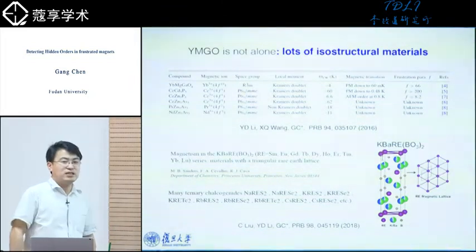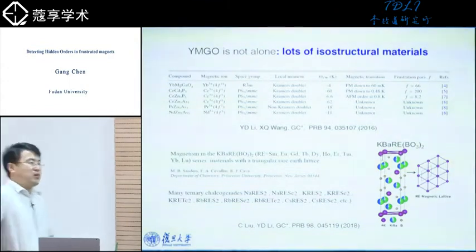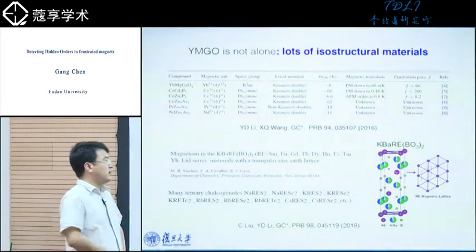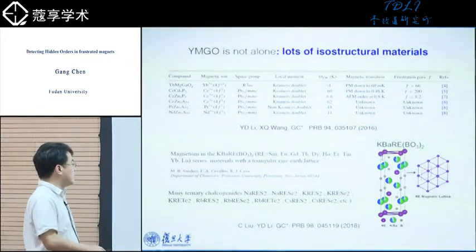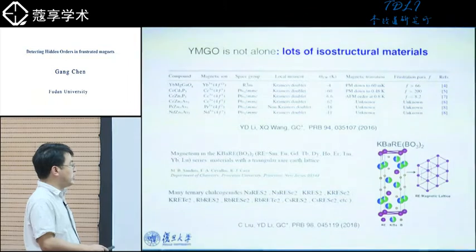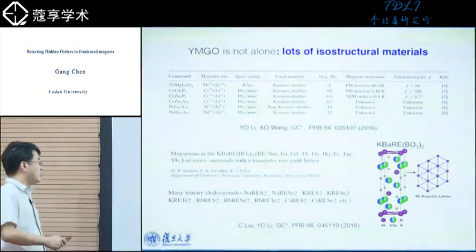In a sense, there are lots of isostructural materials, because all these rare earths have similar chemical properties. Moreover, there are lots of other rare earth triangular magnets of this kind. You can replace rare earths with any other rare earth atoms: uranium, gadolinium, terbium, dipole-octupole, holmium, erbium, thulium, ytterbium, right?